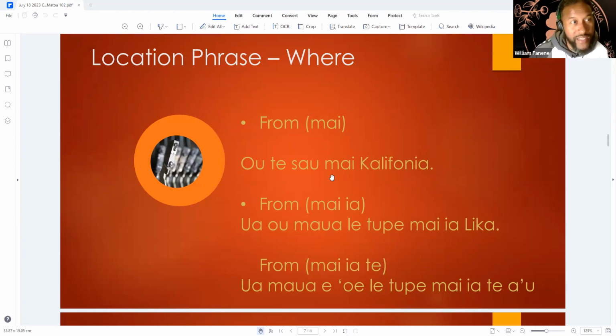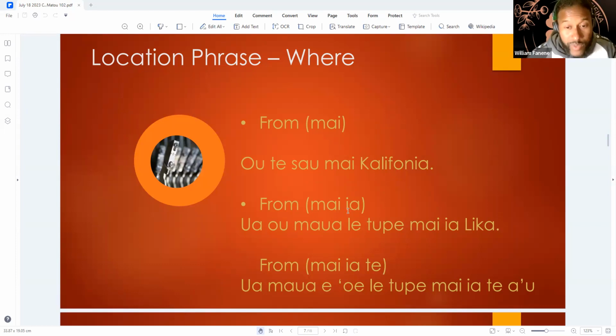So instead of ote sao mai e California, because we have the e form, so ote, and then sao is gonna be the action, and then not e California, because if I come, I come to, well, I guess you could say like, oh, but if I'm coming from California, then sao mai. So instead of e, it's gonna be mai. So mai is like the opposite of e.